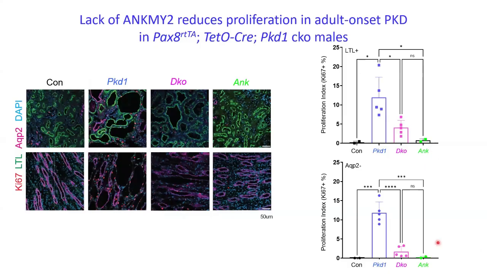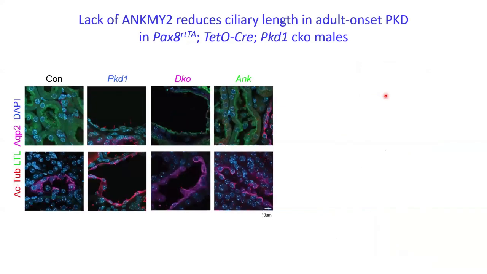Next, we stained the kidney sections with Ki67 to check the proliferation. There are lots of Ki67-positive red proliferating cells in the PKD1 knockout, but it was suppressed in the DKO, in both the proximal tubule and collecting ducts.